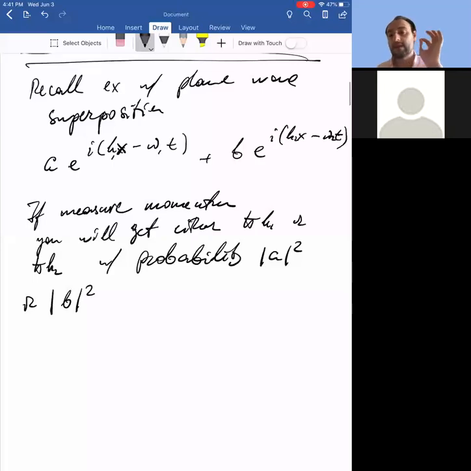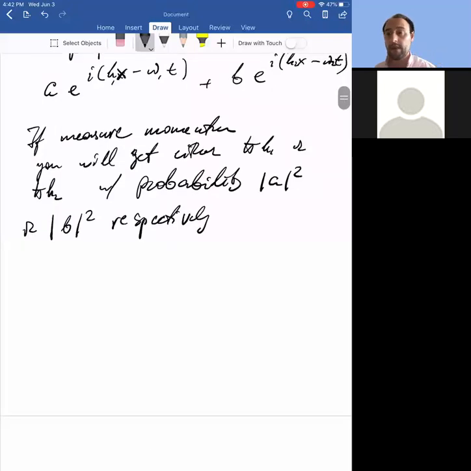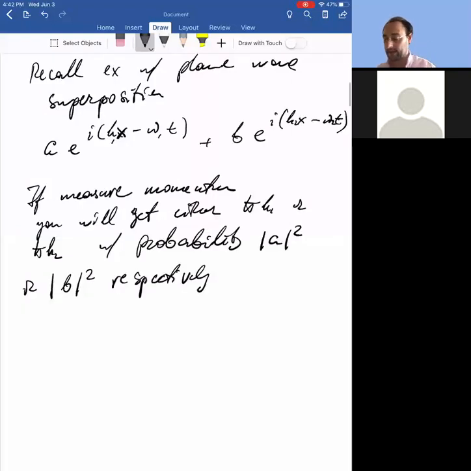So when you have a discrete sum, such as here or such as here, the square of the magnitude of each coefficient gives you the probability that you're going to collapse the wave function into this or into this.